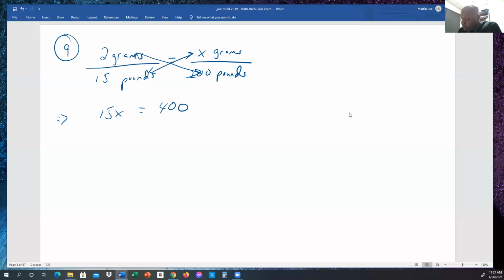And now divide both sides by 15. And this gives me x equals 400 divided by 15. Wait a minute. They said write your answer as a mixed number. Okay.